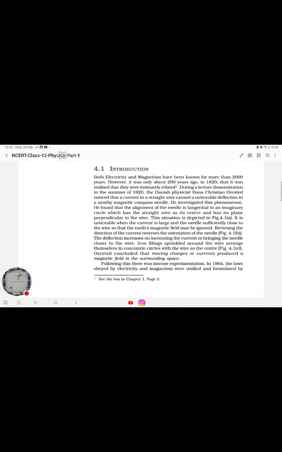Reversing the current reverses the orientation of the needle, and the deflection increases when the current is increased or the needle is closer to the wire. Iron filings are sprinkled around the wire, and finally what he concluded was that moving charges produce a magnetic field. Moving charges are also known as currents. So electricity produces a magnetic field, and on that basis we are getting started with this chapter.